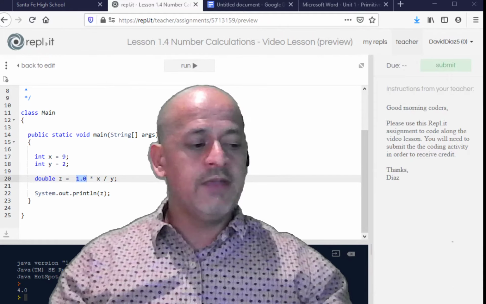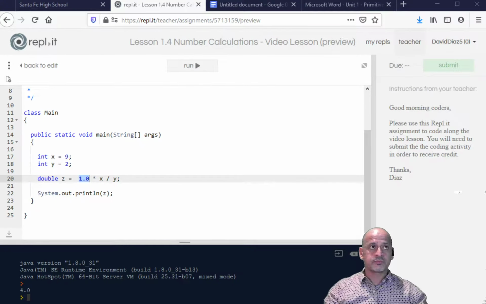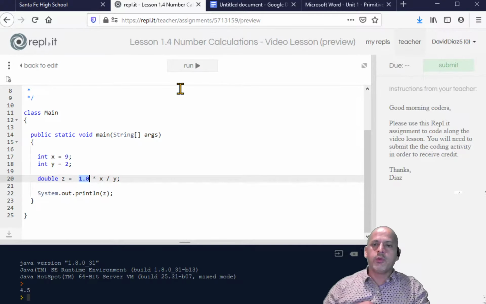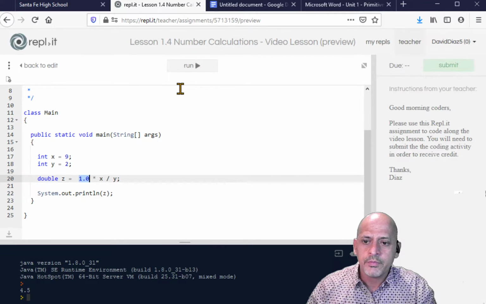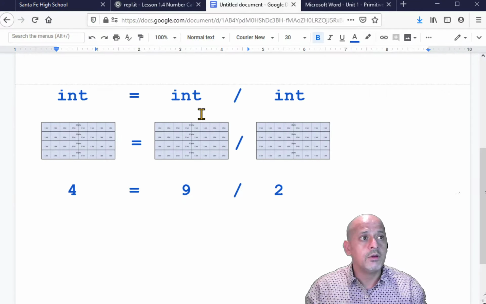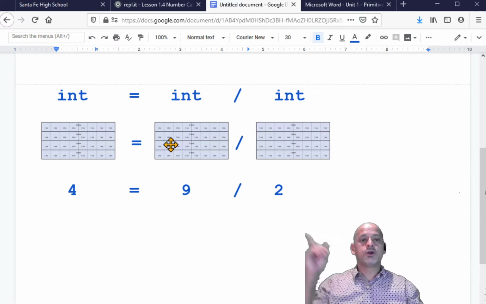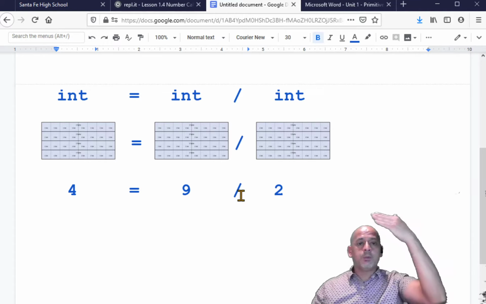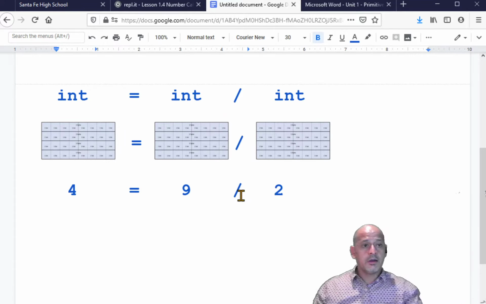So therefore, if I run it now, let me go ahead and run it. Now we have 4.5. So that is something that you want to make sure that you are careful about. Whenever we divide integers, that decimal place is going to get chopped off.